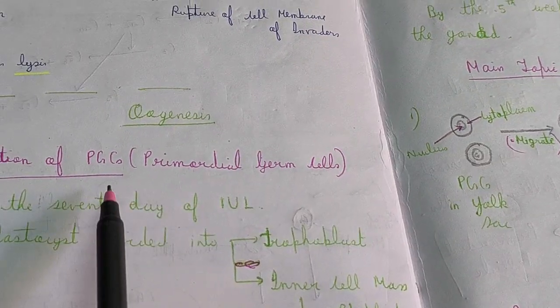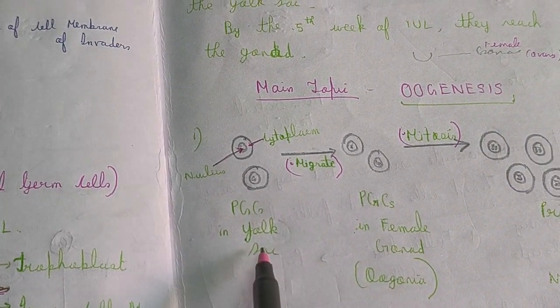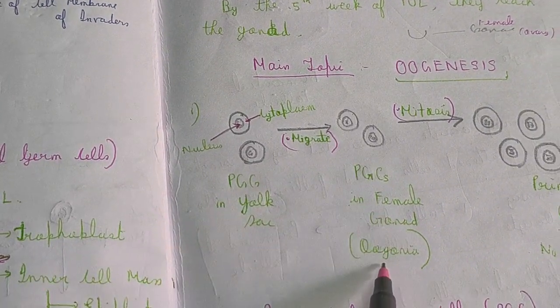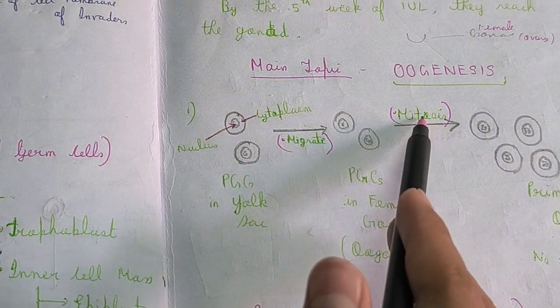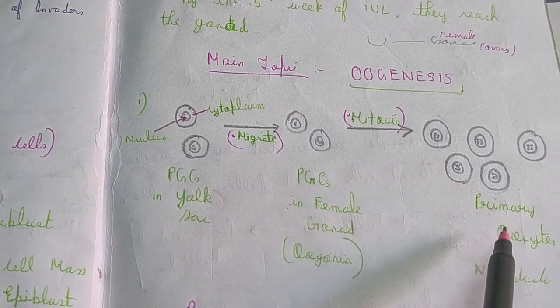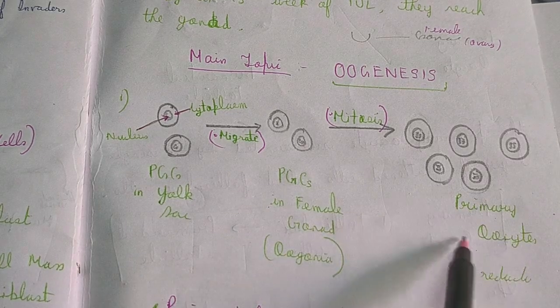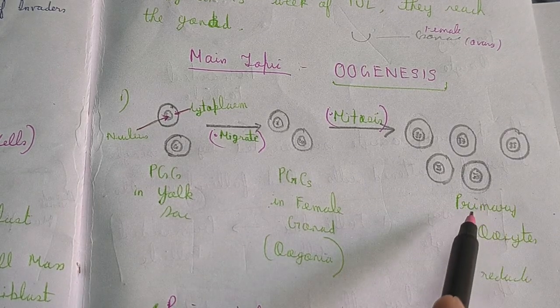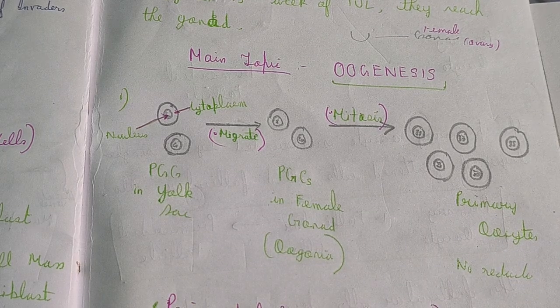They migrate from the yolk sac and reach the female gonad to become oogonia, and then the oogonia undergo mitosis and enlargement to form the primary oocyte. This primary oocyte does not complete its first meiosis until puberty, and until the estrogen hormone is released.